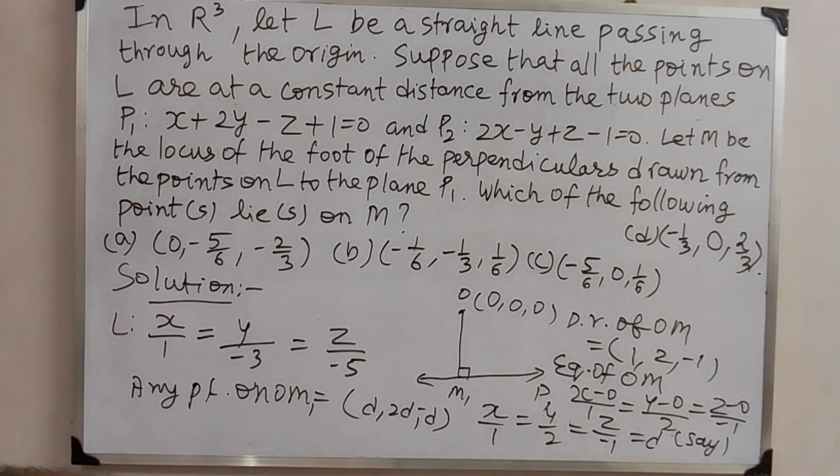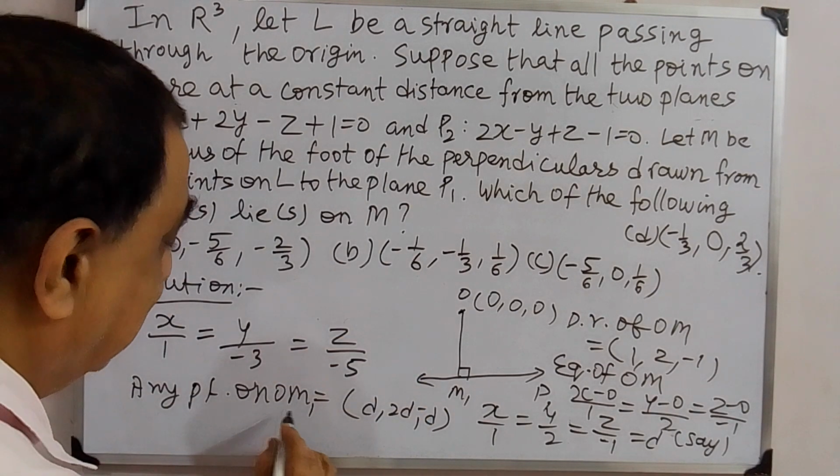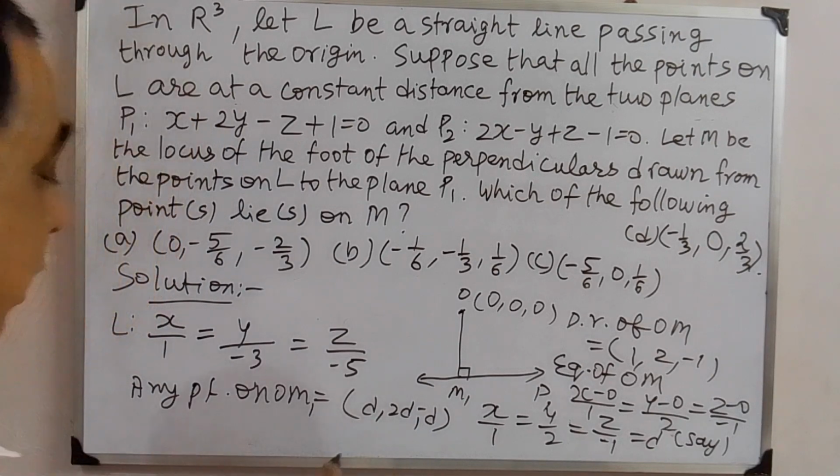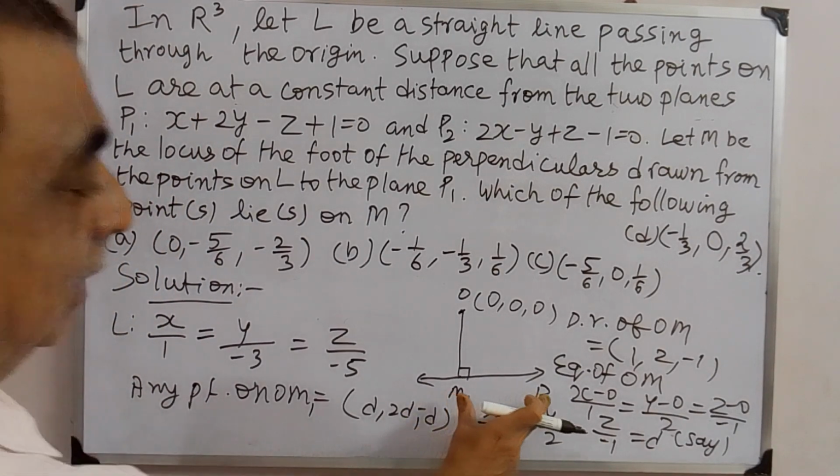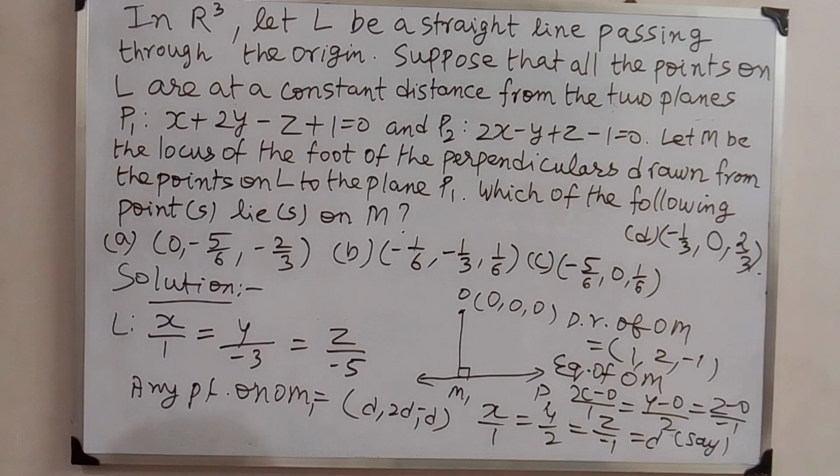So this will be the coordinate of any point lying on OM. Let us take that this coordinate is lying on the plane P1, so this coordinate will satisfy the equation of P1.